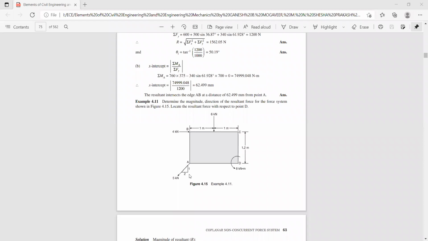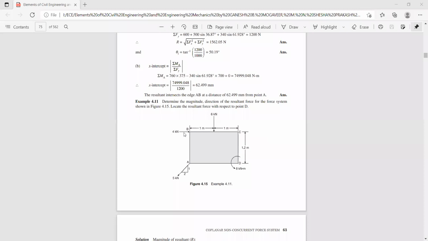Now, with the reference axis selected, calculate sigma f of x, the forces which are parallel to x-axis. One by one, in the clockwise direction, we move. We have found this angle, so its cos component is minus 5 cos 26.56. Sigma f of x is equal to minus 5 cos 26.56 plus 4, since the 4 kilonewton force acts towards the positive axis.